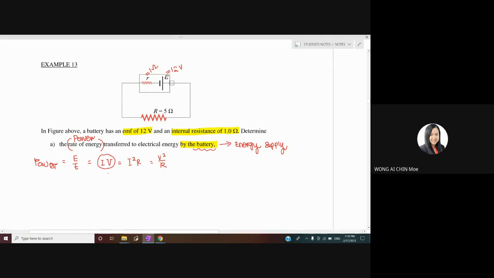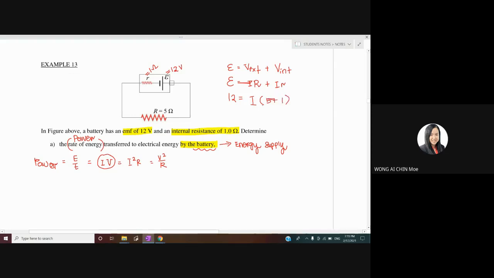But the problem is we don't have I, but we can calculate it using this equation: EMF equals V external plus V internal, or EMF equals I R plus I R internal. So we substitute: our EMF is 12, I, because it's series, we take out I, R external is 5, R internal is 1.